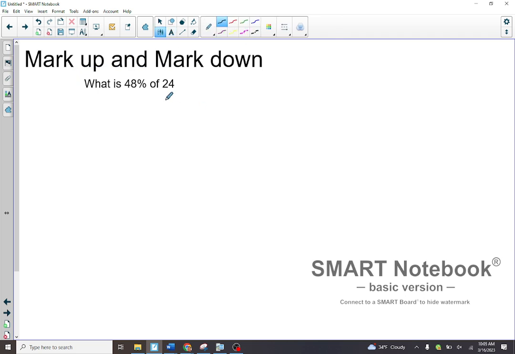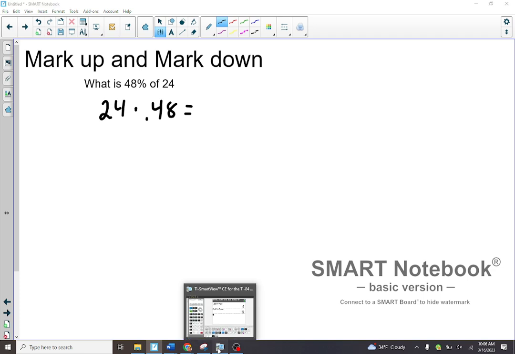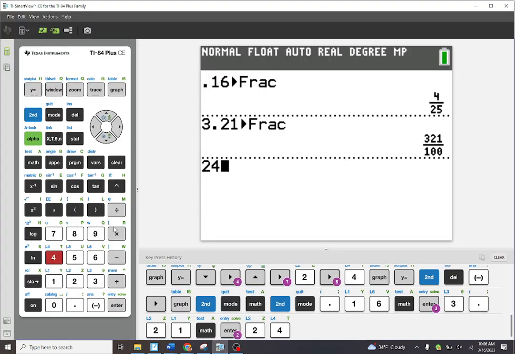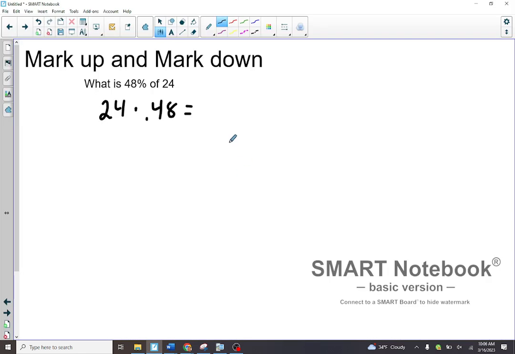So what you do is in your calculator, you do 24 times, you can't put percent in your calculator, so you put it as a decimal, 0.48. 24 times 0.48, 11.52.